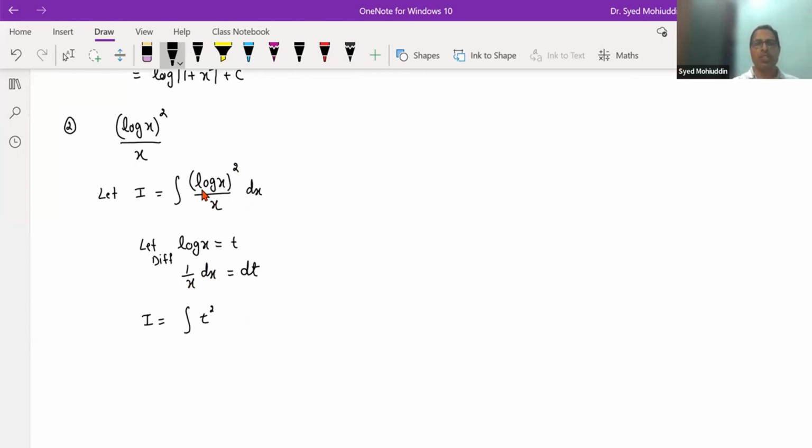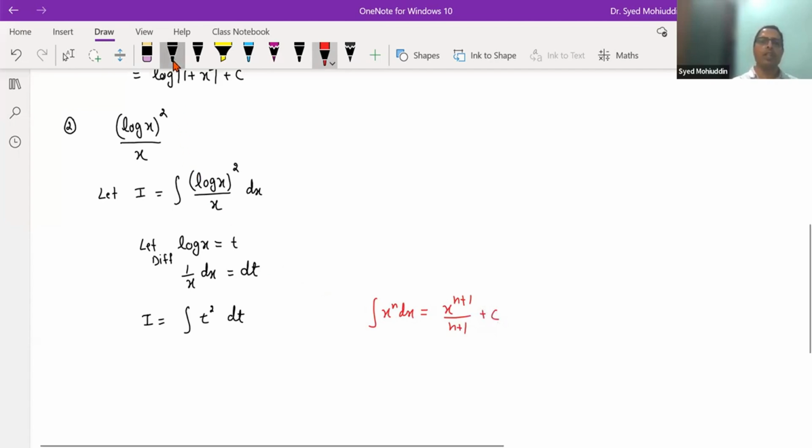You can see 1 by x dx. Here 1 by x into dx can be replaced by dt. Now this is nothing but your general formula, integral of x power n dx, which is x power n plus 1 by n plus 1, plus the constant c. So if you use this formula over here, what will be the t square value? Yes, t cube by 3 plus the constant of integration c.